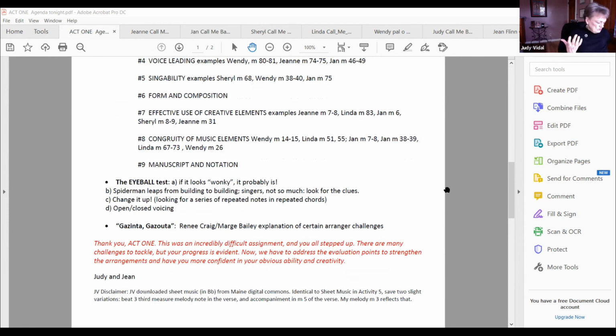She said Marge Bailey says, and I think she's quoting Renee Craig, that sometimes your Gazinta doesn't match your Gazauta. The chord you have going in and going out don't match. I'm just sharing with you great wisdom from Renee Craig and Marge Bailey.